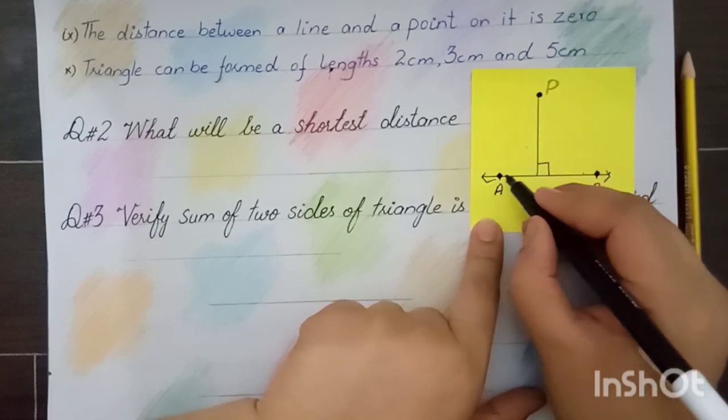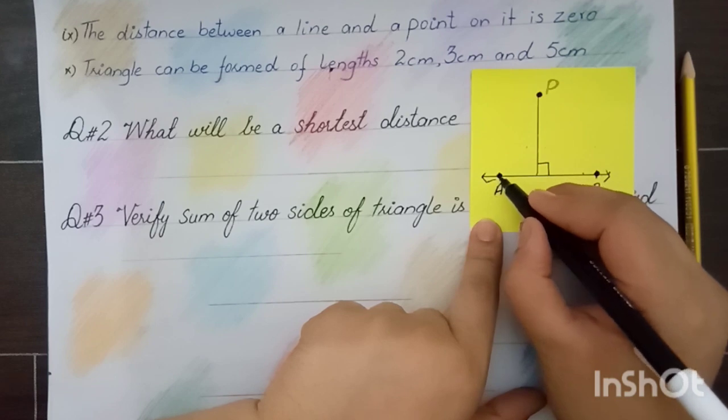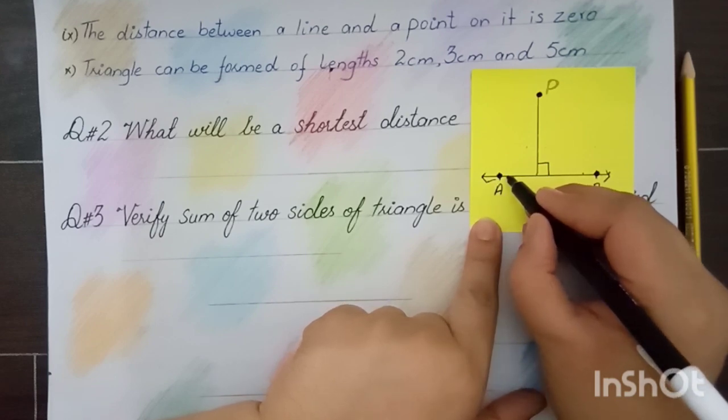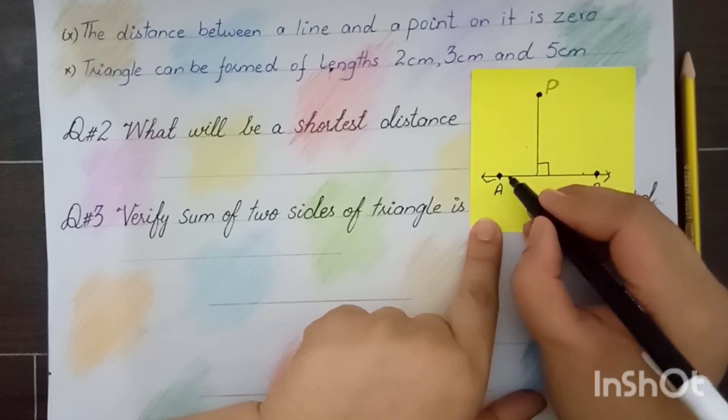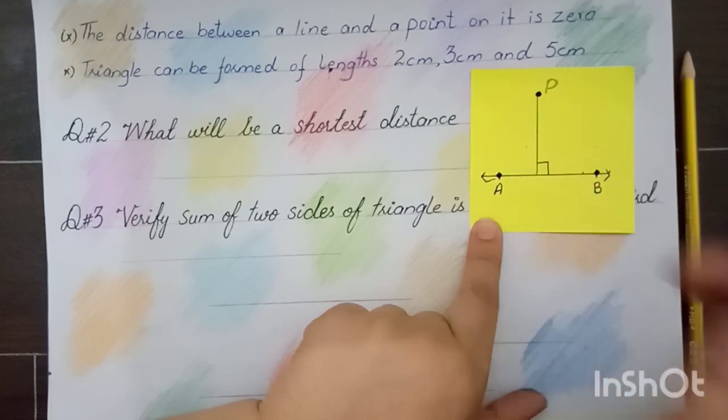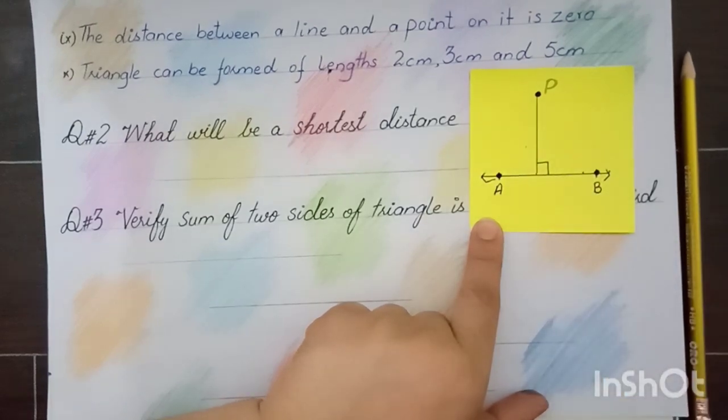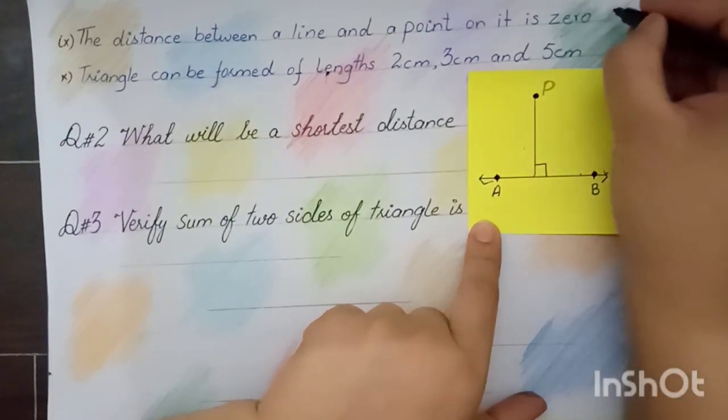This point lies on the line. So the distance between the point and the line is 0 because there is no distance. So this is true.